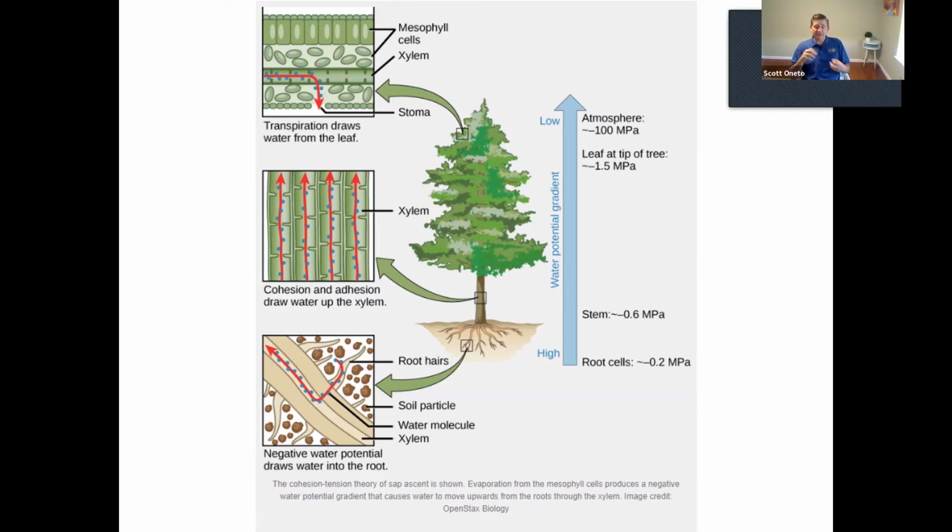So where cohesion is the joining of water molecules, adhesion is the attractiveness of water molecules to other surfaces. Like if anybody's ever put a straw into a glass of water or any sort of liquid, you'll often notice that the water inside the straw often climbs up the straw a little bit higher than the surface or the level of the liquid in the glass.